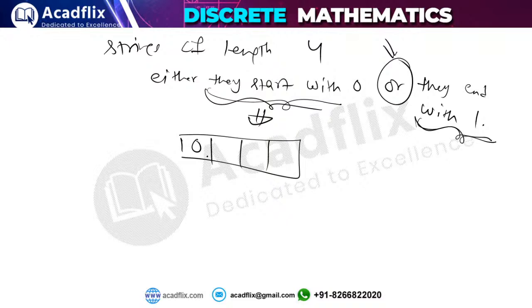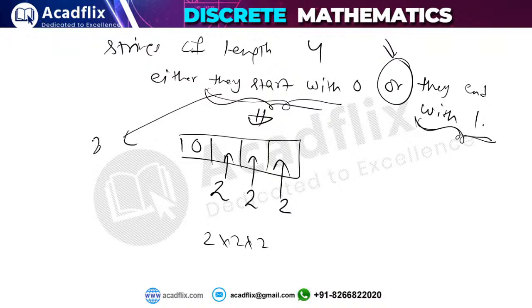Here we have a choice: we can put 0 or 1. Here also we can put 0 or 1, and here also. So there will be 2 into 2 into 2, that is 8. So this task can be done in 8 ways.